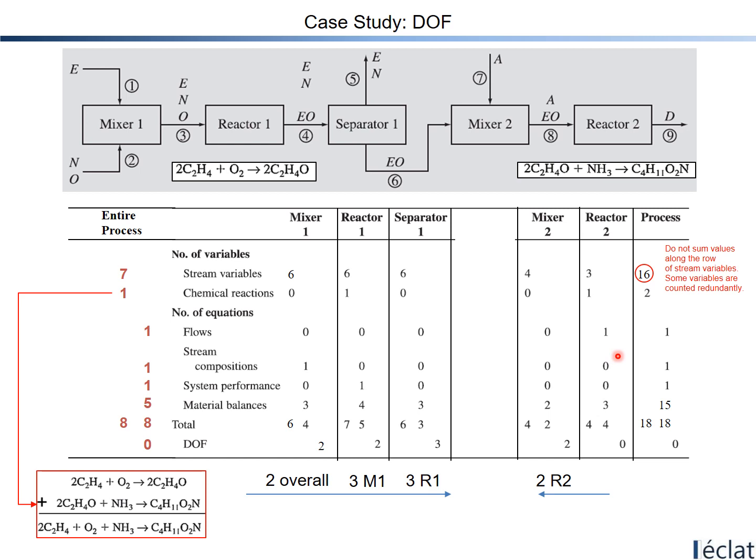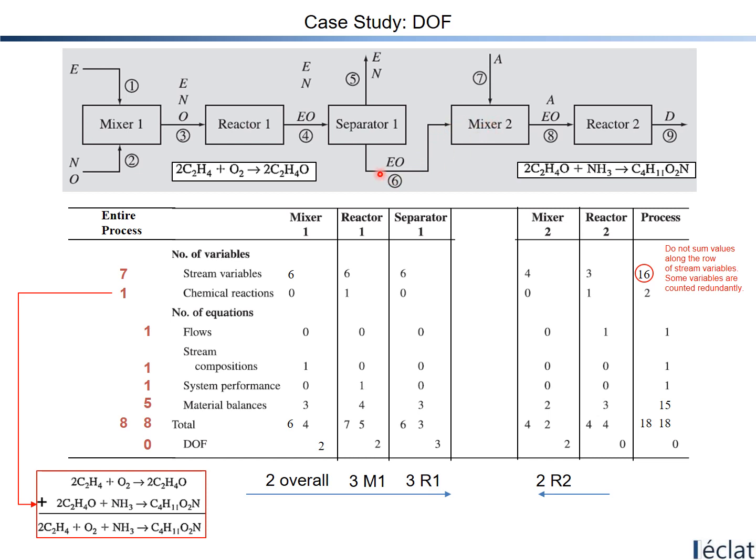Let me sum all of the variables and equations. How about stream variables? 6 plus 6 plus 6 is 18, and so on up to 25. So total stream variables is 25, but it is not true because some stream variables were counted redundantly. For example, EO is a stream variable, and it is the input stream for mixer 2.